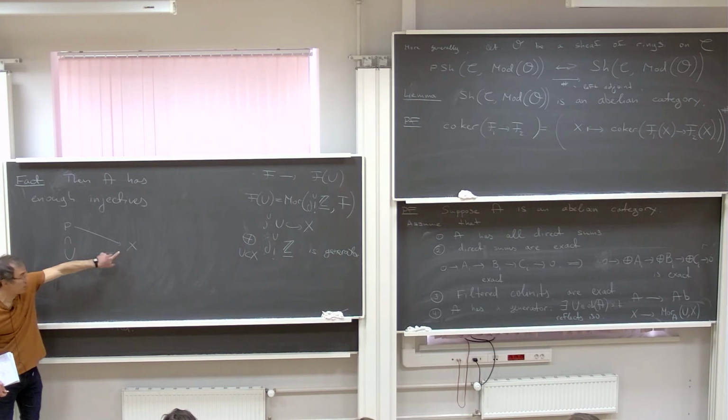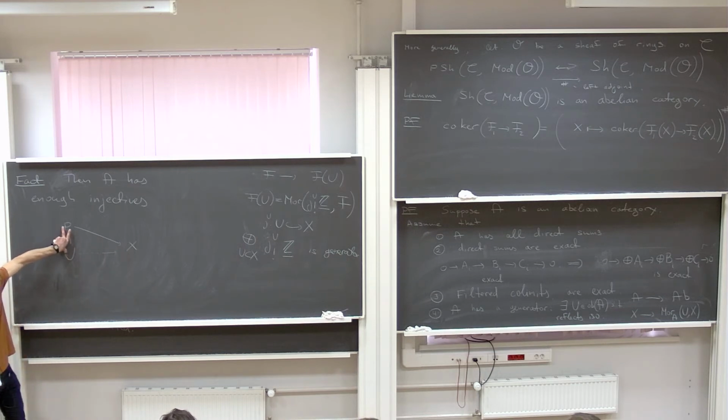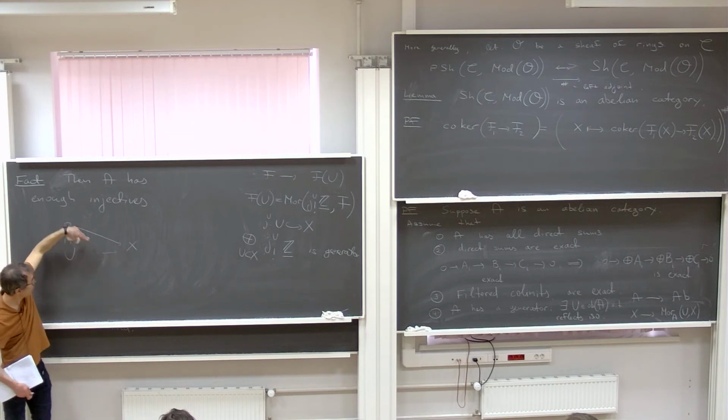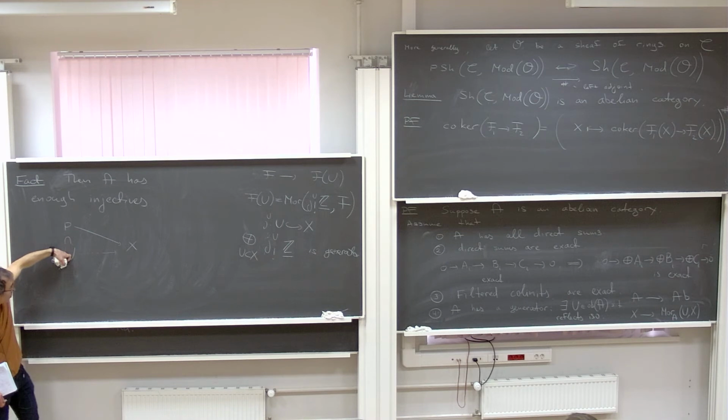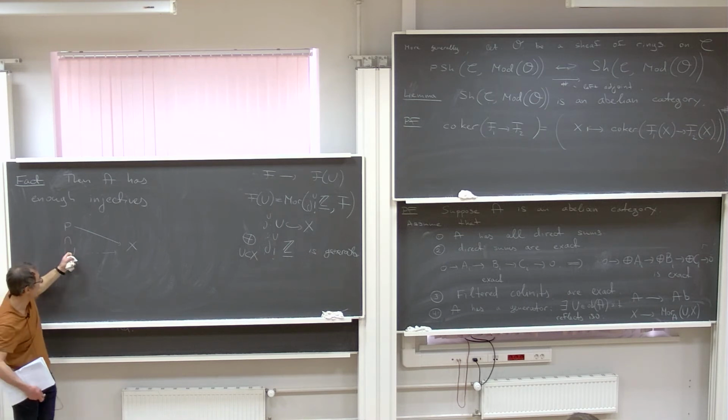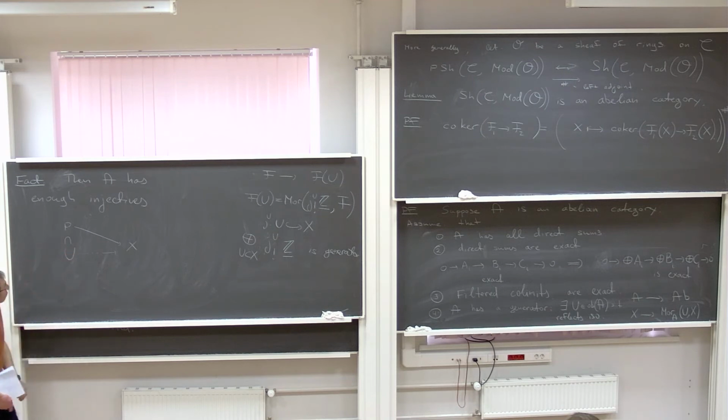Injectivity means that for any inclusion like this, any map from P to X extends to a map from a larger object. But again, if U is a generator, then it's enough to check this for U.